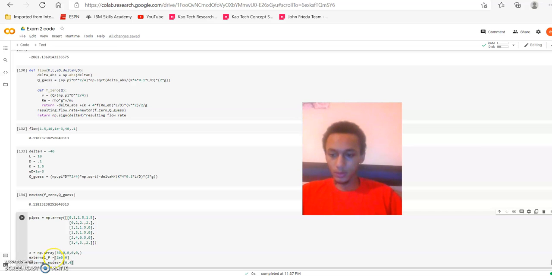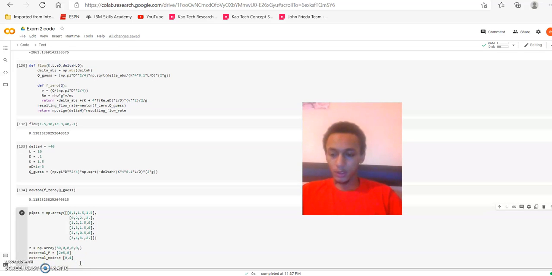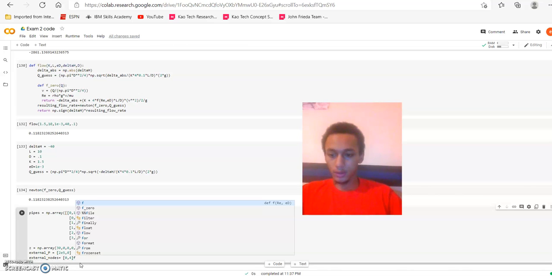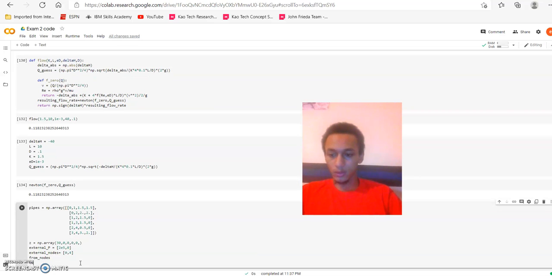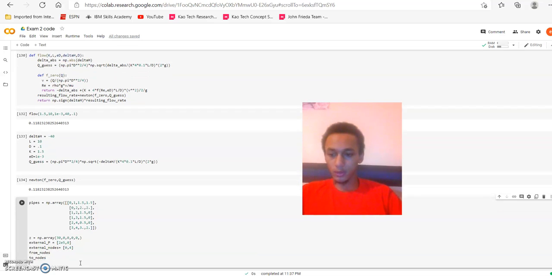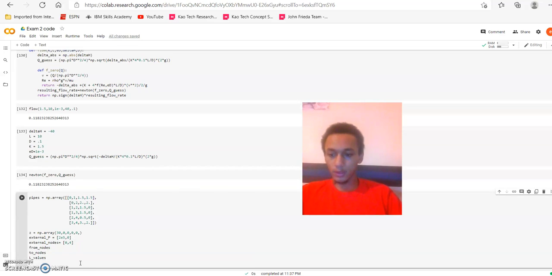We're going to need the internal nodes, from nodes actually. Right. From nodes to nodes, L values and K values.